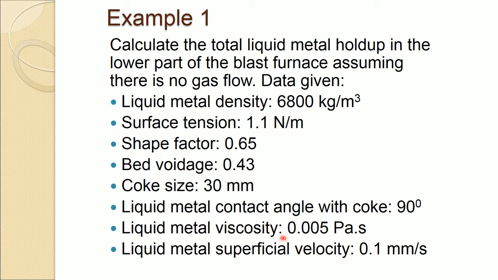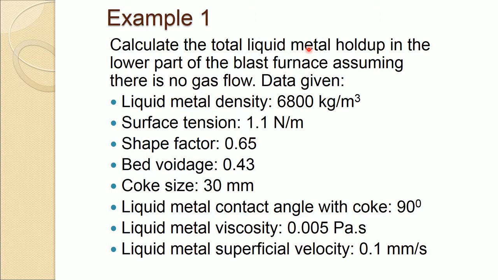Condition: liquid metal viscosity is 5 into 10 to the power minus 3 Pascal second, and liquid metal superficial velocity is 0.1 millimeter per second. So, you have to calculate the total liquid metal holdup. When we say total liquid metal holdup, you have to calculate the static liquid holdup and the dynamic liquid holdup in this condition.